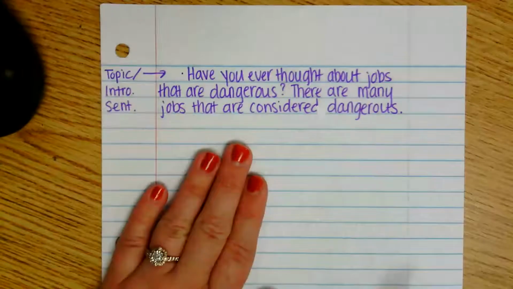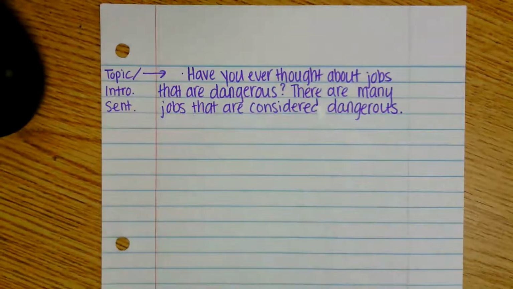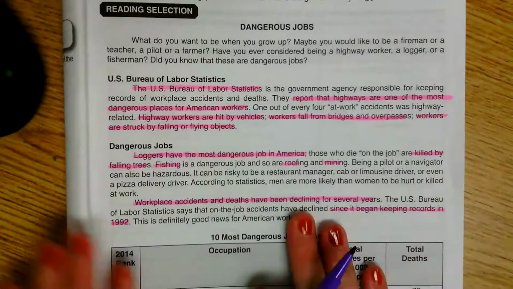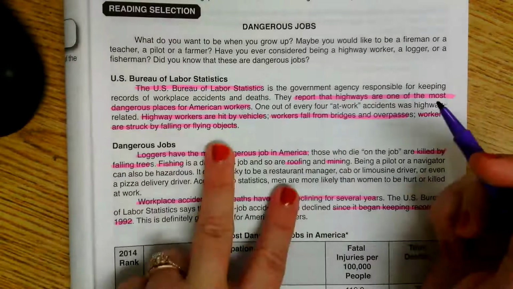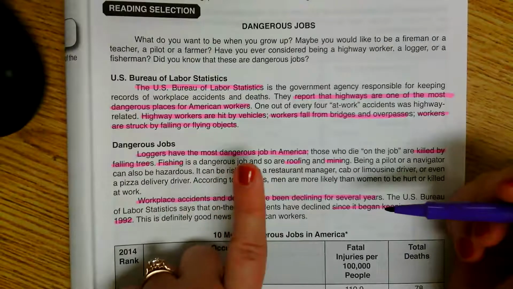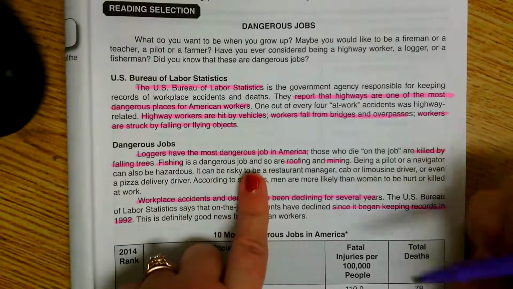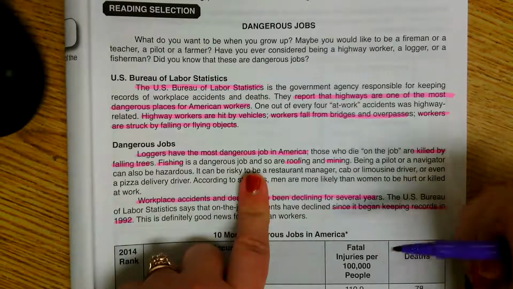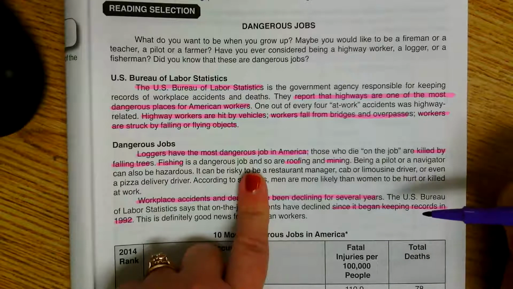So now I'm going to go straight into those text details that will show the different kinds of dangerous jobs. So when you look back here, I have several things highlighted. When we're using text details or text evidence from someone else's writing, there are 2 ways that we can do it in our own writing. You could copy a sentence directly from the text that you're using, but if you do that, you want to make sure that when you write it in your paragraph, you say something like, the text states, or in the article, Dangerous Jobs, it says.